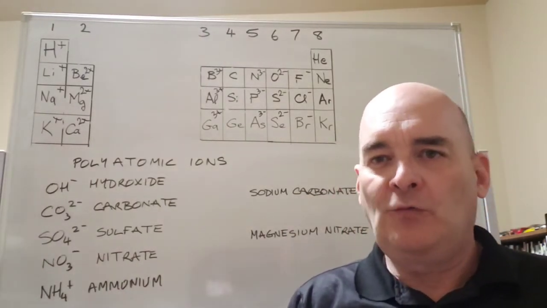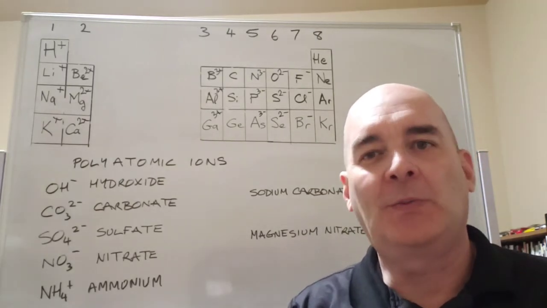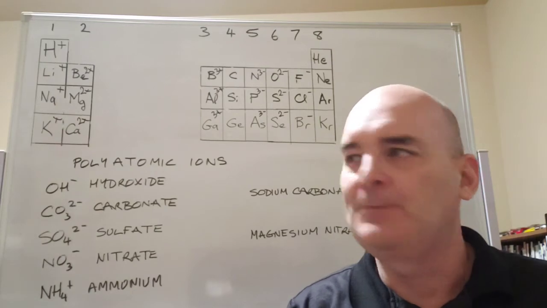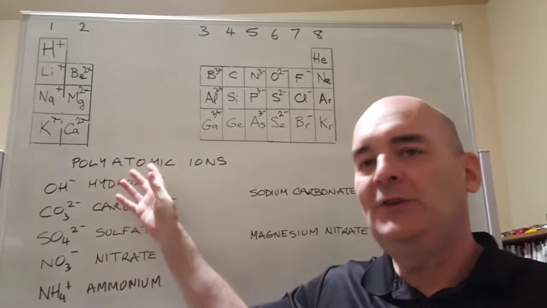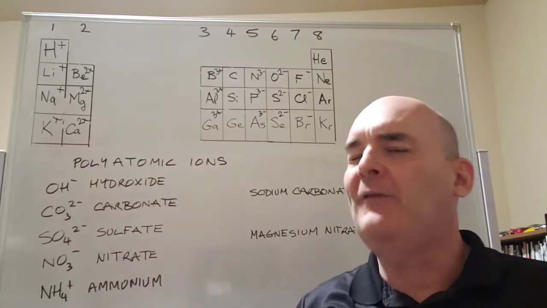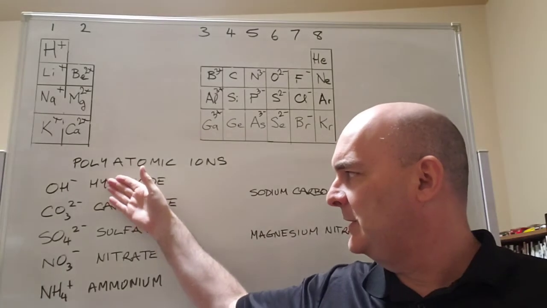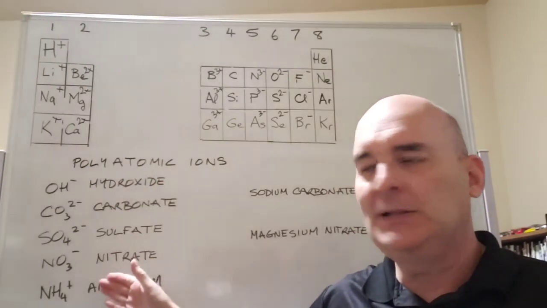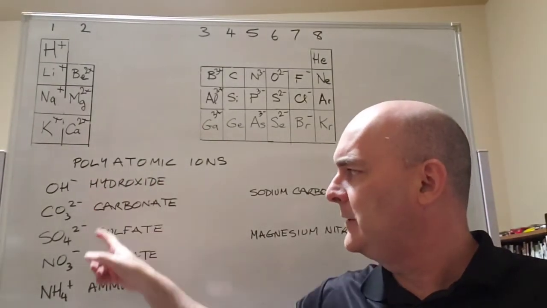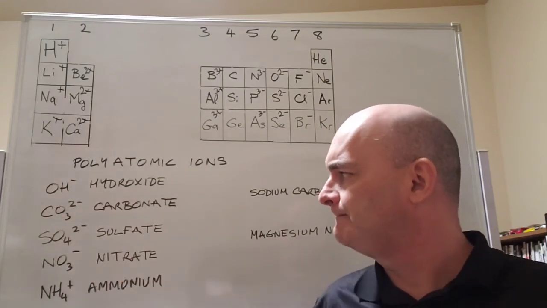These are already atoms that have bonded with other atoms but have a residual charge. And these occur in nature so commonly that, instead of having to figure out everything from scratch, we've just accepted the fact that we're going to see these repeatedly, and we're going to learn their formula.